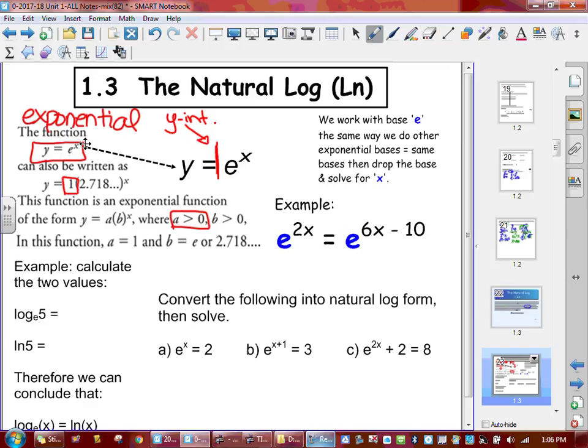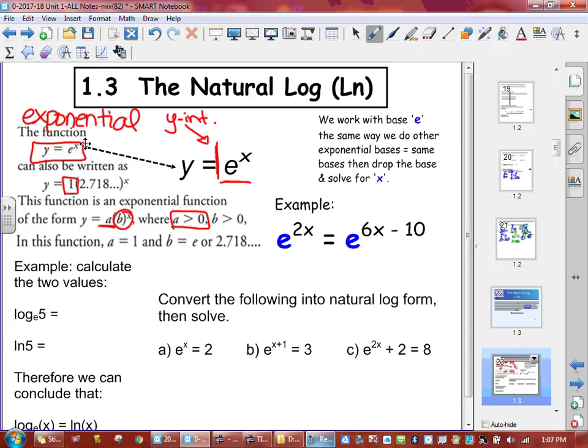Now, A is the coefficient and B is your base number. In this case, our base is the variable E for our natural log. The A number is our y-intercept, which in this case is a 1. They're telling us the y-intercept has to be bigger than 0, so far we're good.